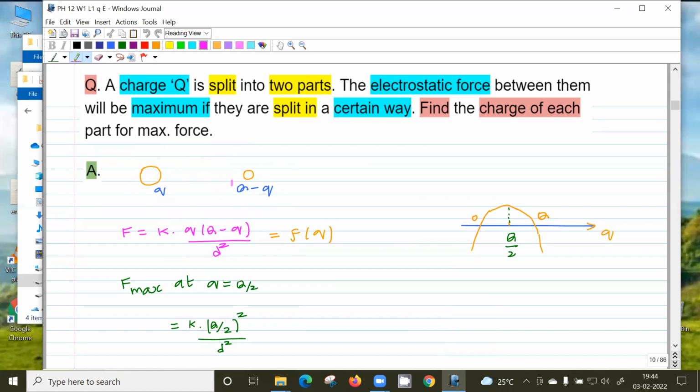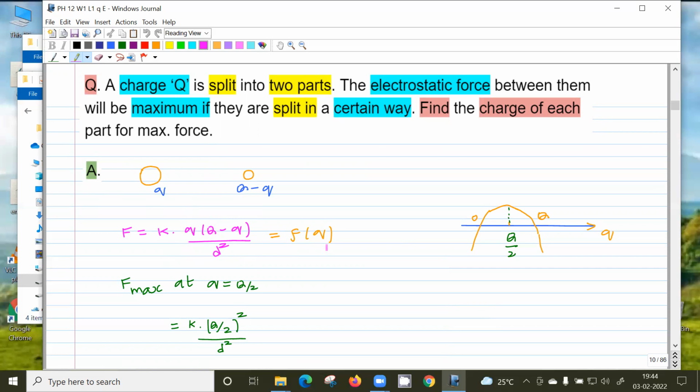Now what is the force between these two? It begins with Coulomb's law, so this expression is clear. What is the only variable in this expression? Small q, because capital Q, the total charge, is fixed.